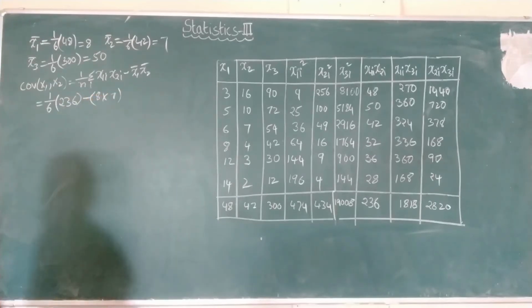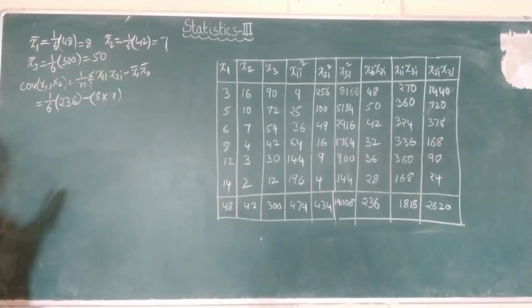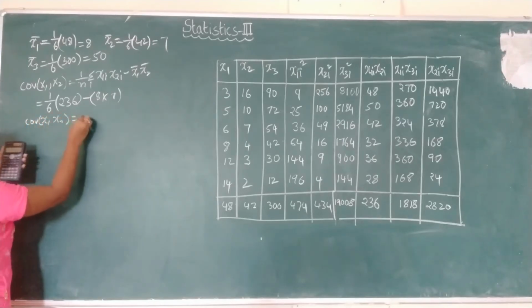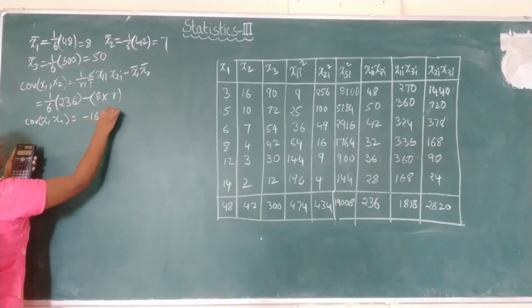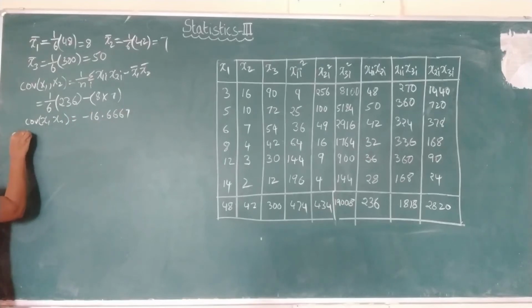Now solve this one: 236 divided by 6 minus 8 into 7. So you will be getting the covariance of x1 and x2 as minus 16.667.